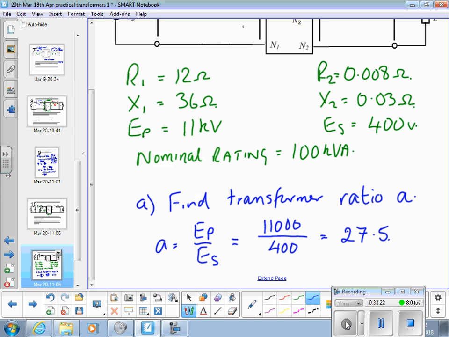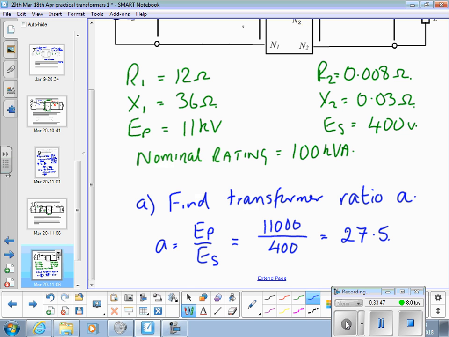No, A is 27.5. Remember the reason we go with A is because in a minute we're going to be doing this transfer of impedances thing. We want to multiply by either A or A squared. And that's a lot easier than trying to multiply by EP over ES squared, or N1 over N2 squared. We have no way of knowing how many turns there really are on either of the windings because we haven't been told.